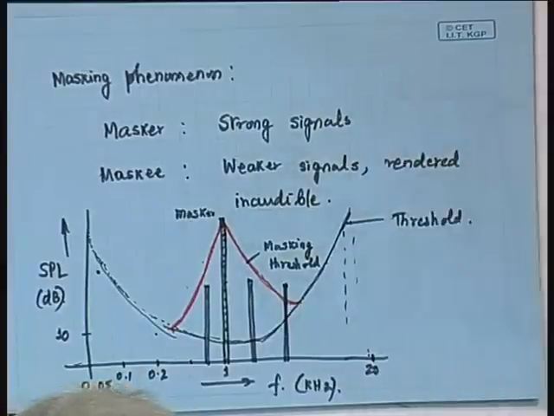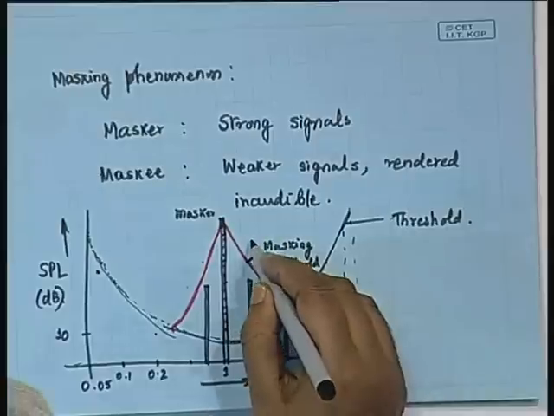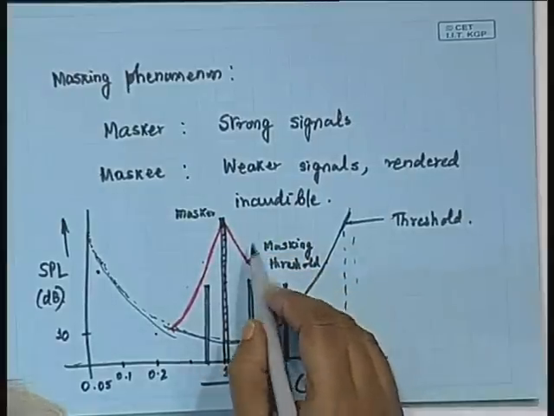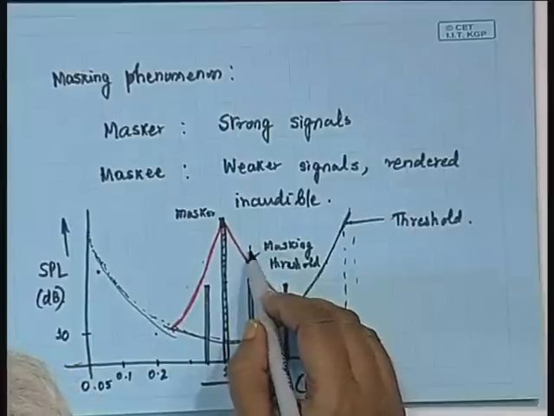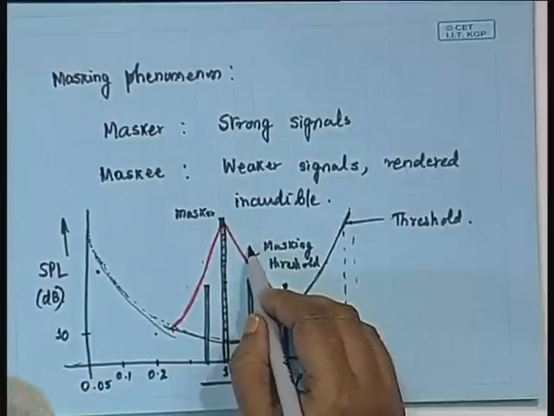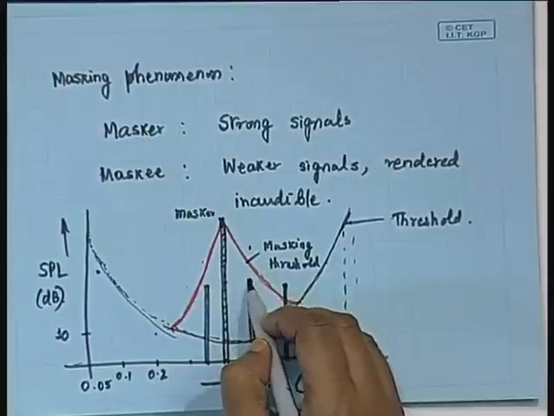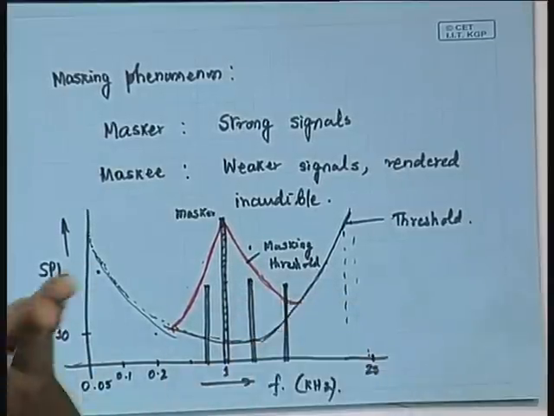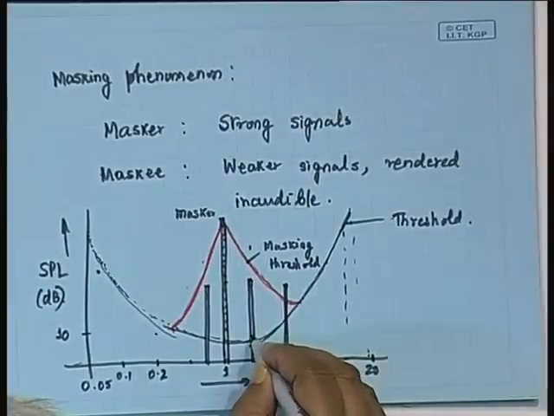Now the question is, if the masking threshold is this much, then by allocating one more bit, I am able to bring down the quantization noise from this level to this level by 6 dB, which is below the masking threshold. That should be enough for me. I should not try to make my quantization noise somewhere over here.